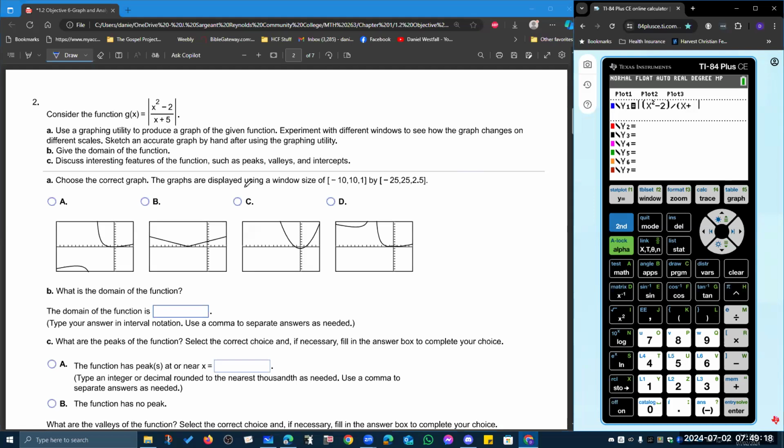Window of interest is -10 to 10 with a scale of 1, and -25 to 25 with a scale of 2.5. And that looks to me like D.